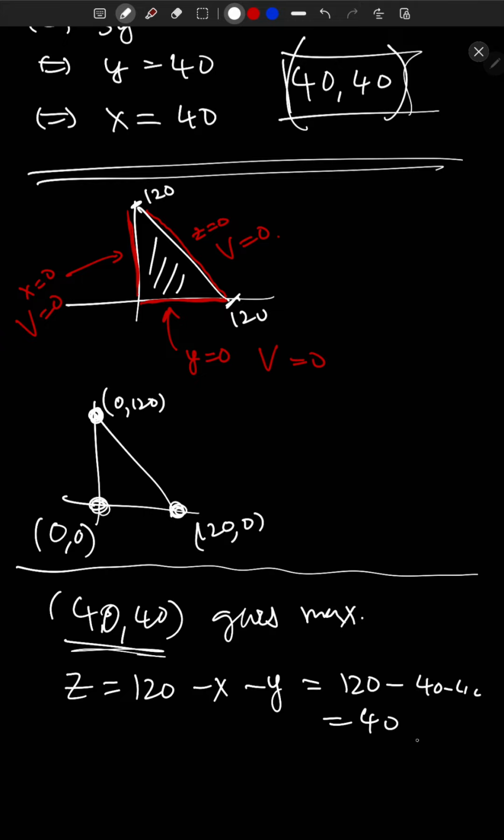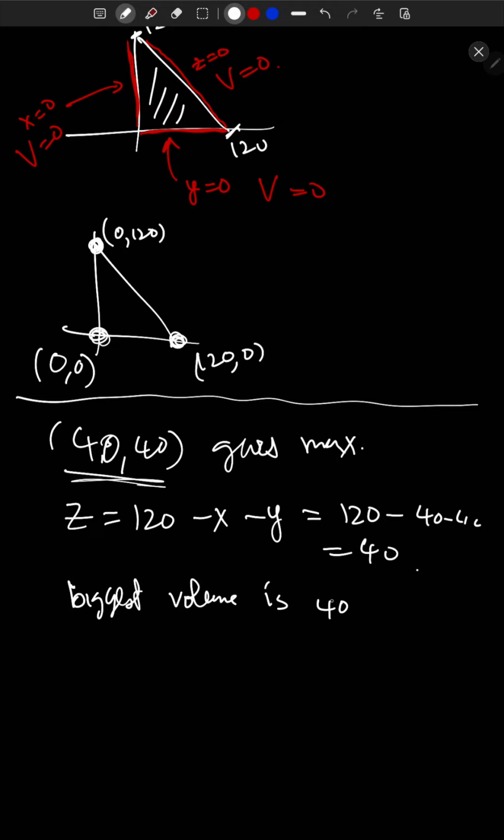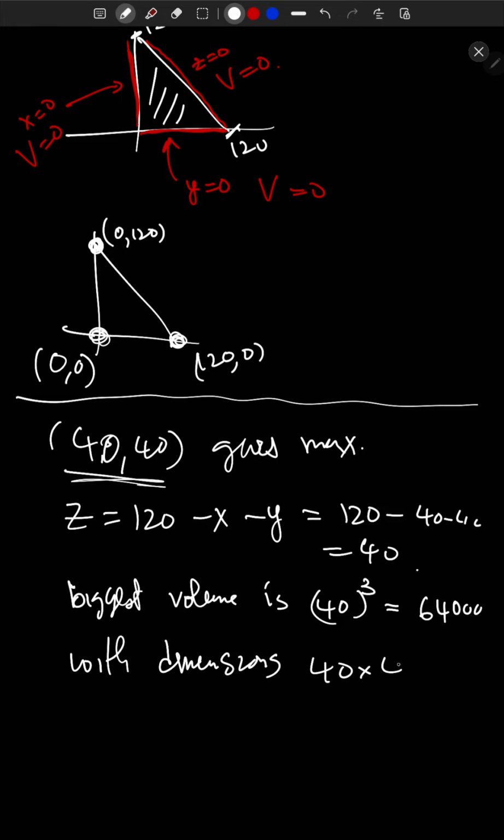And so that's going to be 40. And so, kind of what we expect, the biggest volume is 40 cubed, right? Which is 64000, and let me write it like this, with dimensions 40 by 40 by 40. Okay.